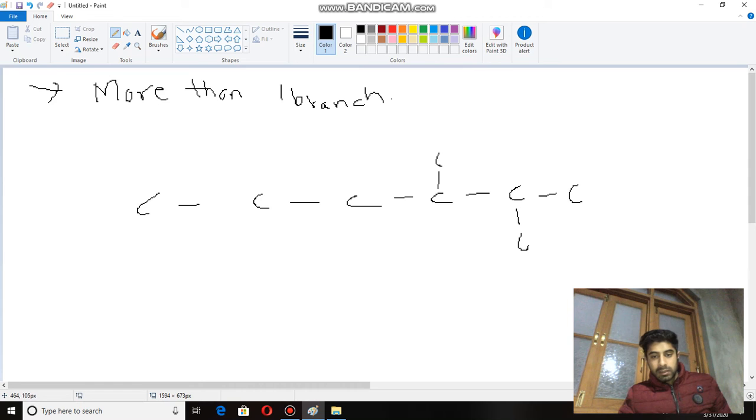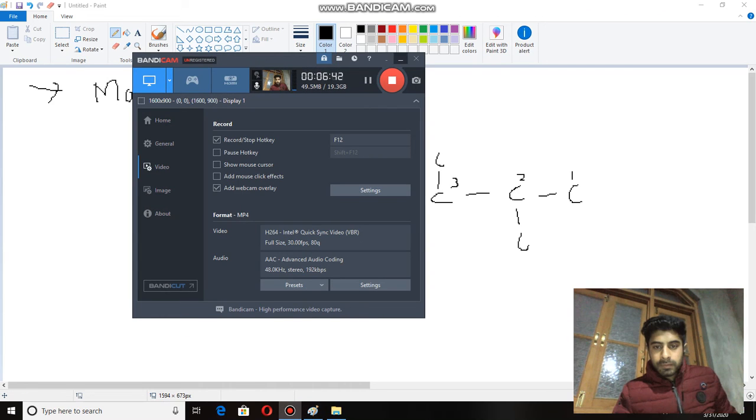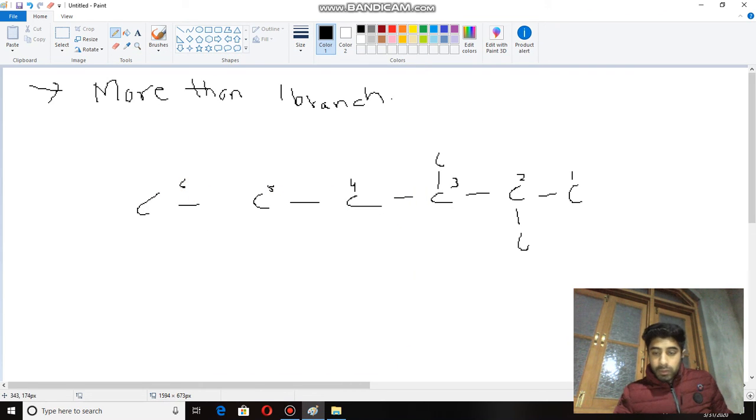This is C, this is C. So first let's look at the parent chain. 1 2 3 4 5 and 6. Or you can name this chain from here. It's 1 2 3 4 5 and 6.